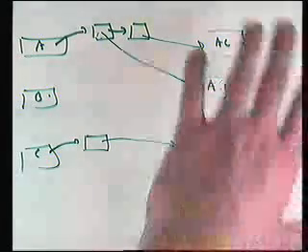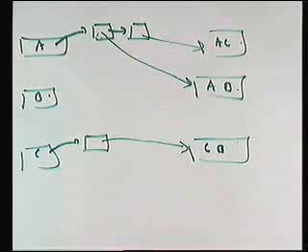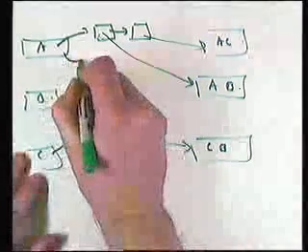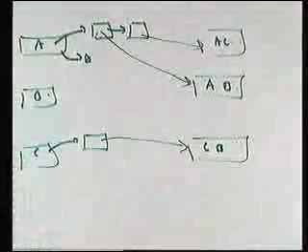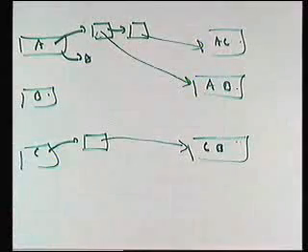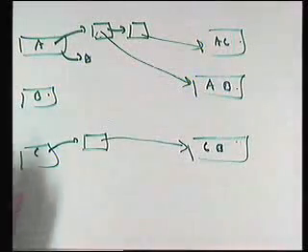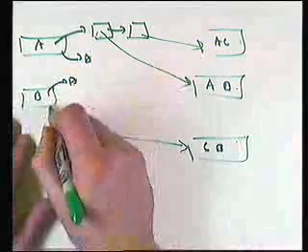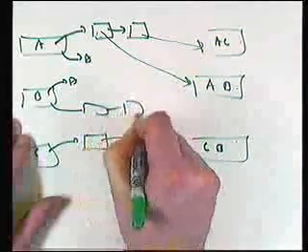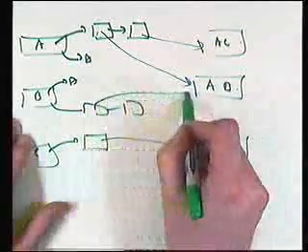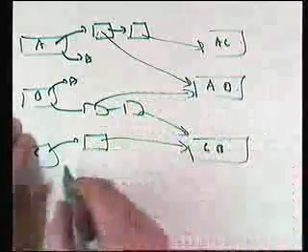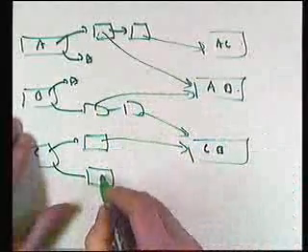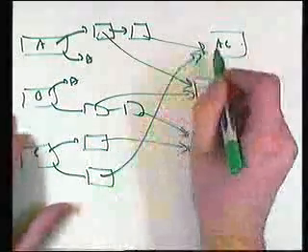But since we've got these edge nodes created already, we may as well go ahead and have entering edges as well, because we may want to have a list of entering edges. So I could say here, well, nothing enters A. There's two edges that depart from A, but nothing enters A. Nothing departs from B, but there are two edges that enter B, namely this edge and this one. And there's one edge that departs from C, and one edge that enters C.